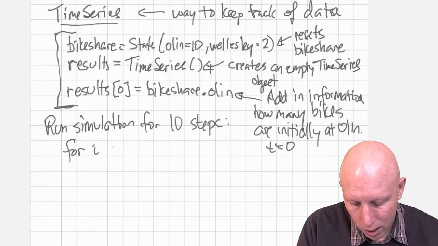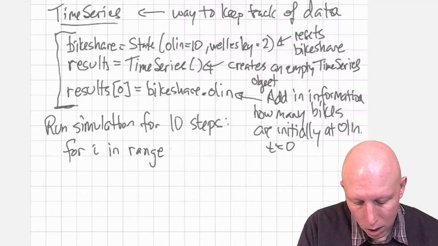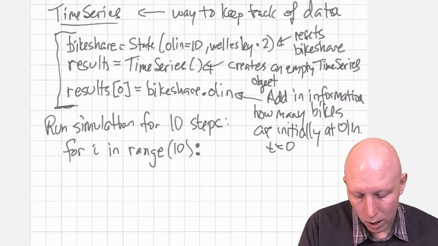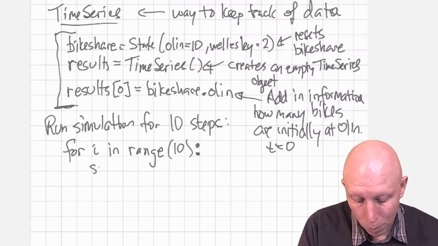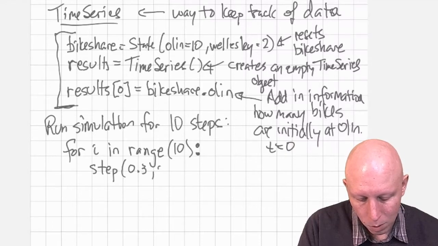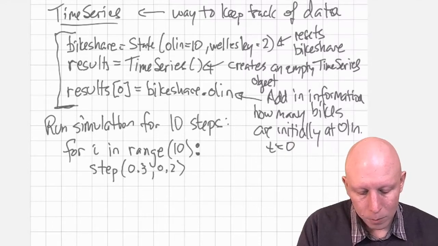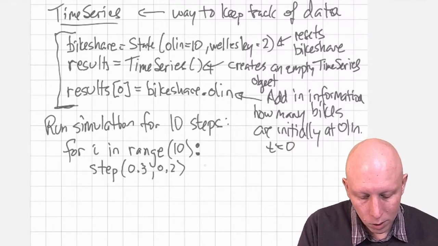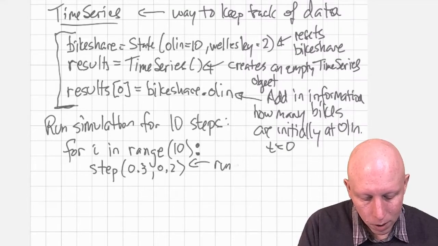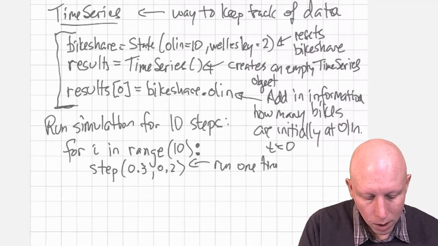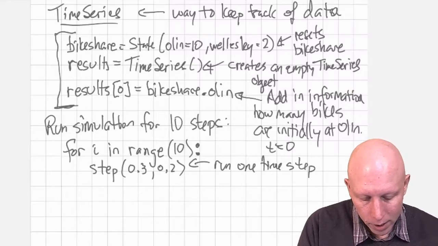For i in range of 10, then we put a colon. We're going to do the step, 0.3, comma, 0.2. So this is run one time step. And then collect the data.